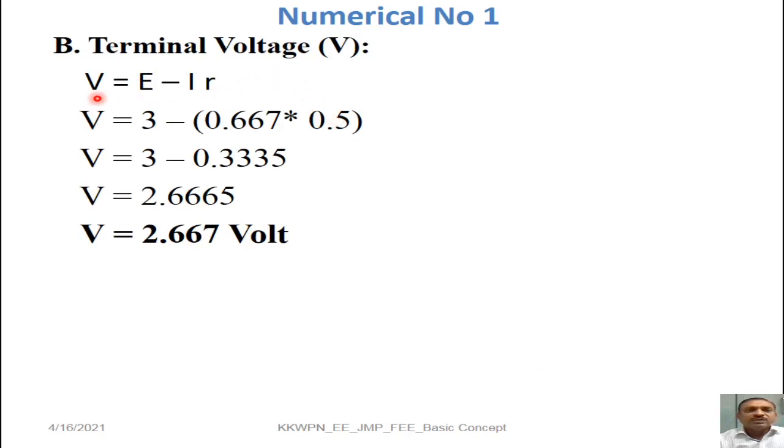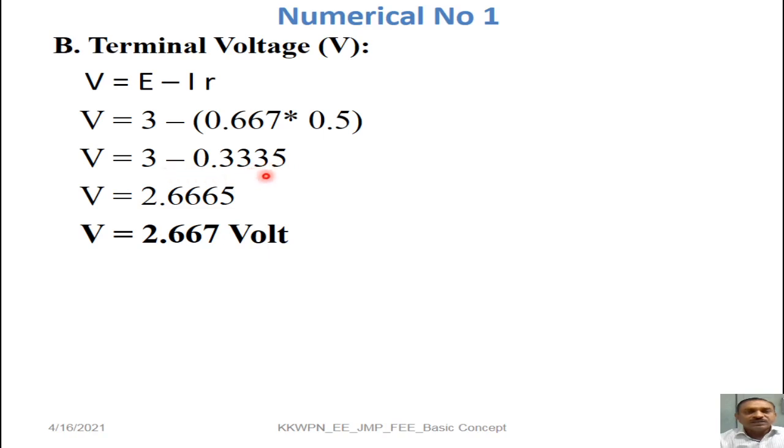Now we can also calculate the terminal voltage. For that we have to use the second equation we studied previously. So V, that is terminal voltage, equals EMF minus internal voltage drop, that is capital I into small r. Putting their values, E is 3, capital I we just calculated, 0.667, into 0.5. So the bracket term equates to 0.3335.